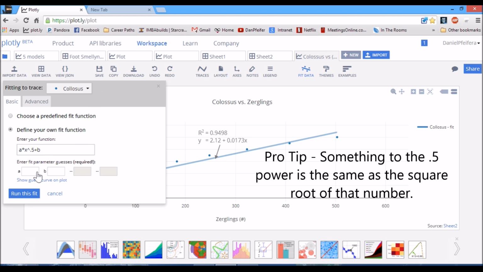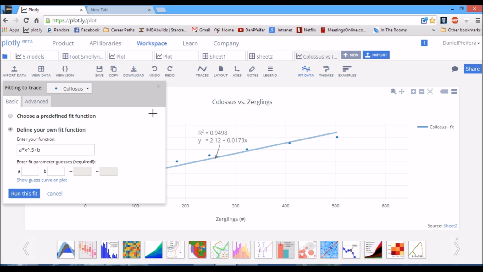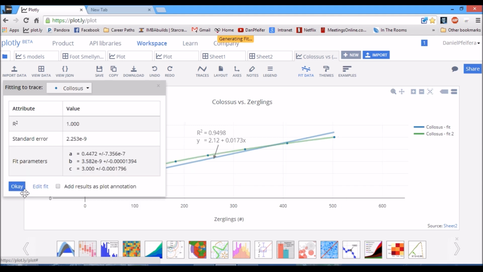I know that there's no x shifting in this particular case, but if there was, you can add a shift in here like so. You can enter different guess values, and then you can show your guess on the plot, but I find that once you just run the fit, it'll hone in on what the exact numbers are, and you'll be better off that way. So here, we find that we get an r-squared value of 1.0.